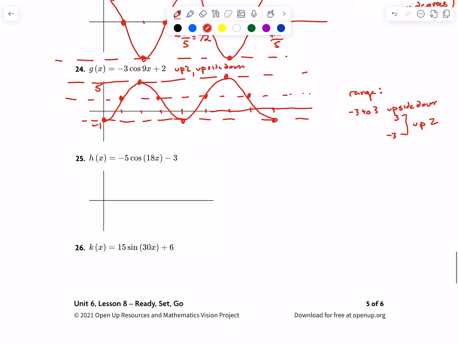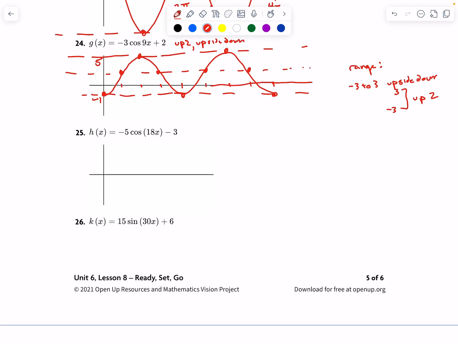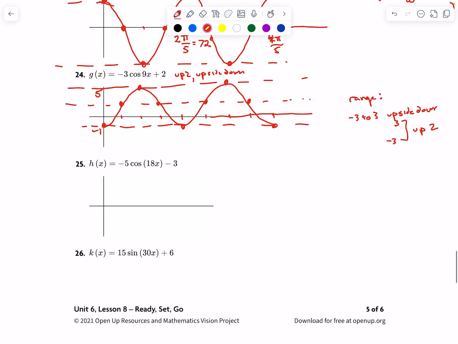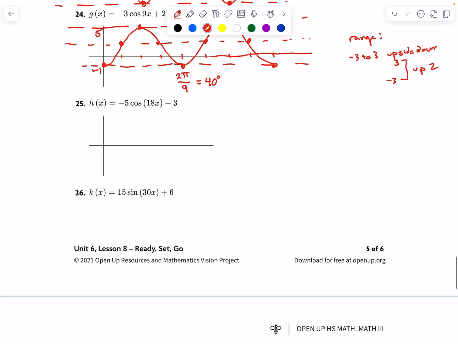All right. Period is 2 pi over 9, which is 40 degrees, incidentally. Okay, let's see. -5 to 5, down 3, becomes, let's see, -8 and 2.